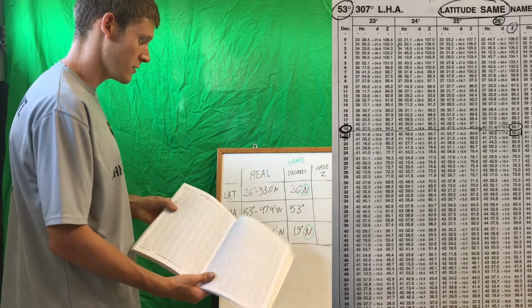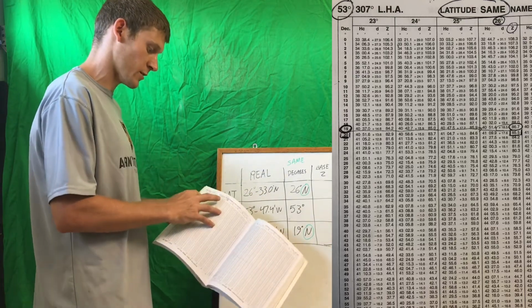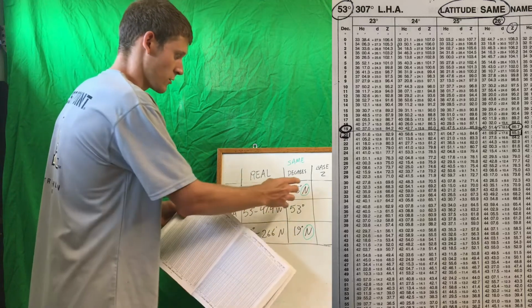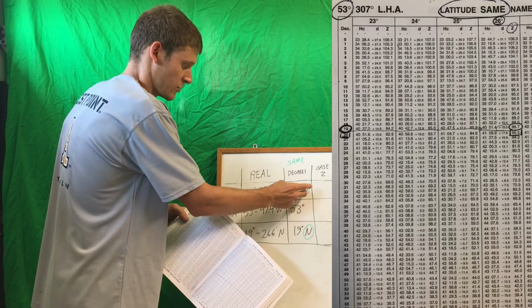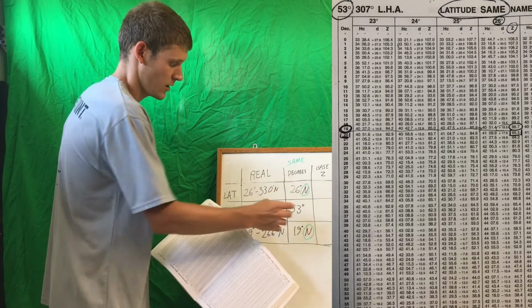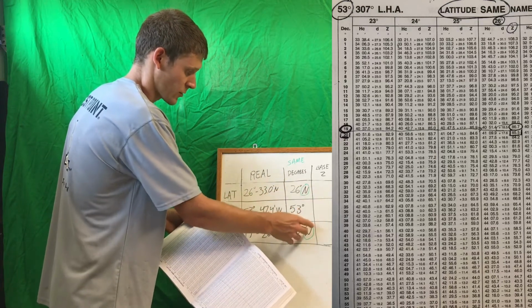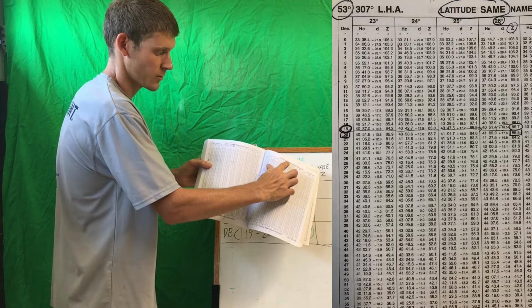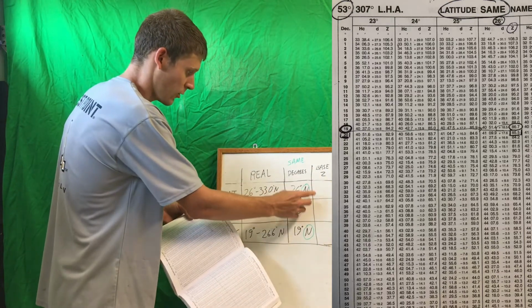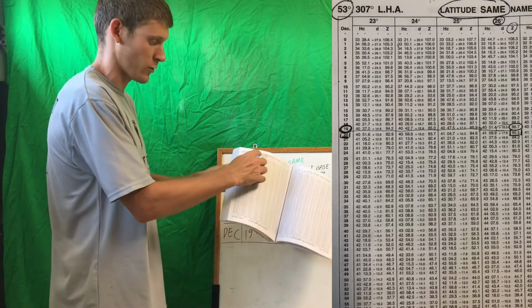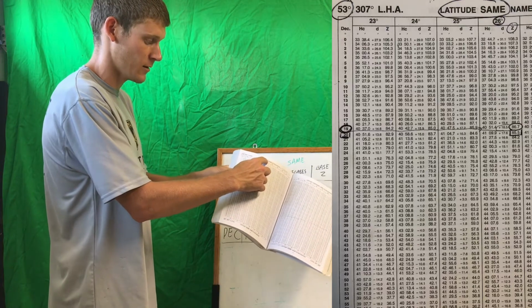The next thing you need to do before you look at the declination is look at the latitude of the declination and the latitude that we're sailing in. If one is south and one is north, you go to the contrary side of that LHA page. If they're both north, you go to the latitude same side.